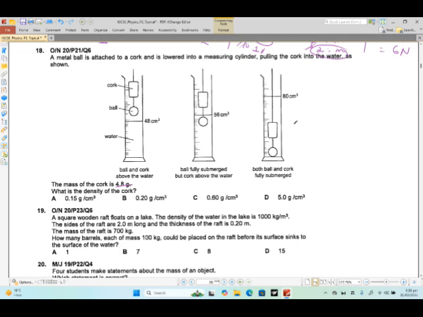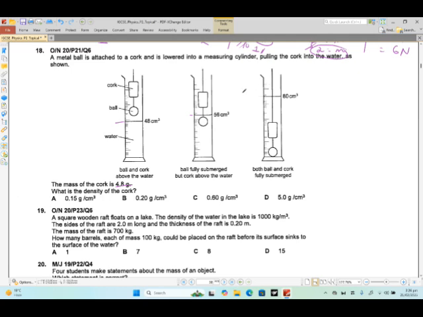We can see over here that this is the volume of water before any submersion took place. This is the change in the initial and final would give you the volume of this metal ball. And then all the three would be given by 80 centimeters cube. ठीक है ना? Okay.